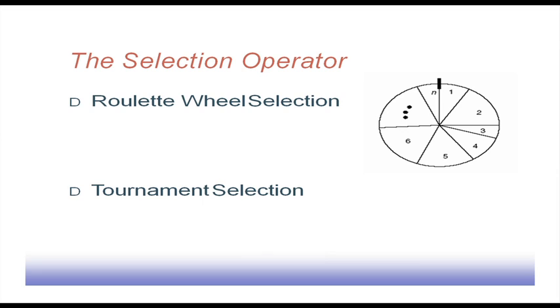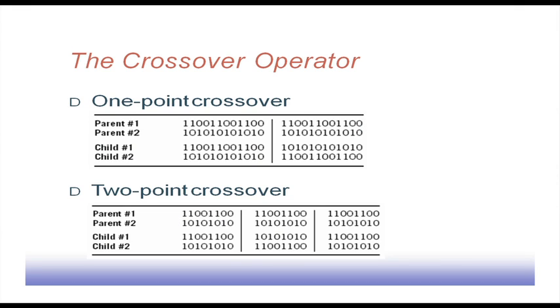In both cases, either by roulette wheel or tournament selection, the parent chromosomes or parent individuals get selected. Now, the crossover operator. There are different versions of this operator. The first one may be 1 point crossover. This is one individual and this is the second individual, the two parents. Suppose the crossover is at this point.